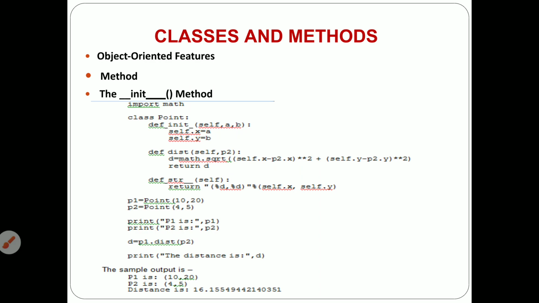Classes and methods here is a special kind of function. A class is defined first using object-oriented features. An object-oriented program includes classes and method definitions, and later it performs operations on objects.